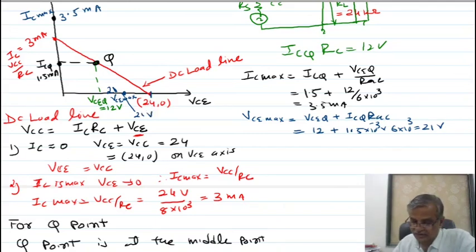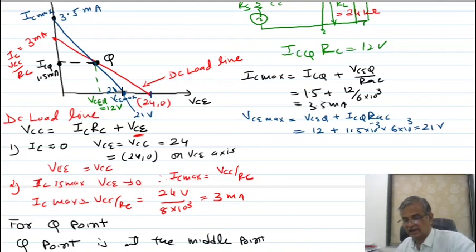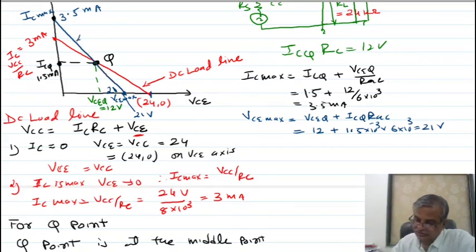So I am drawing the line between IC max and VC max. This line is called the AC load line.